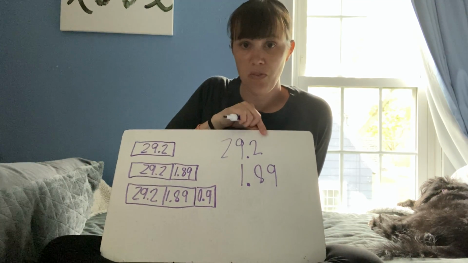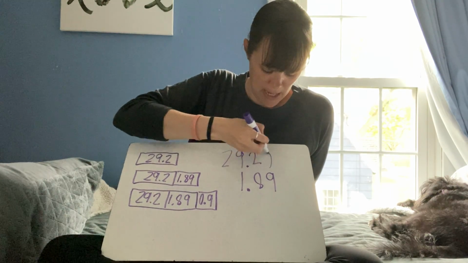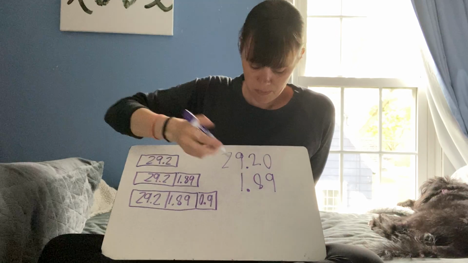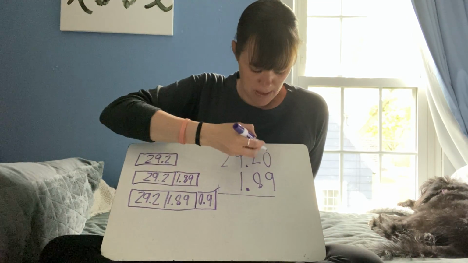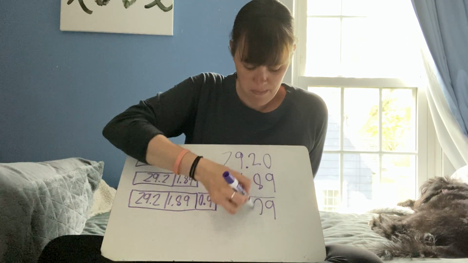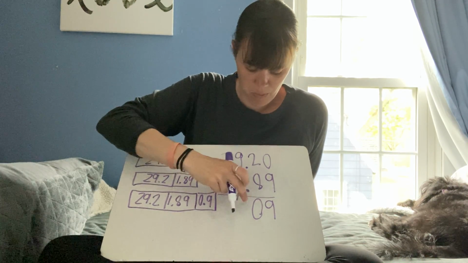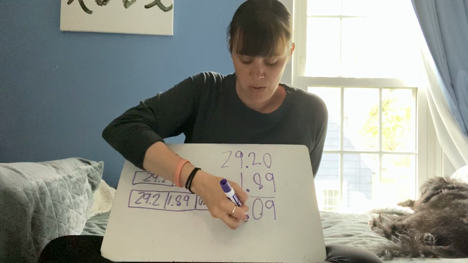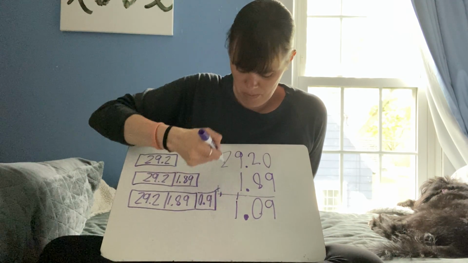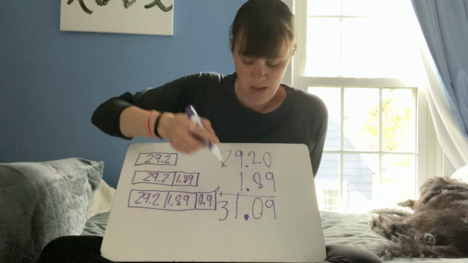So what can we do over here? We can add a 0 because 2/10 is the same as 20/100. So let's add these. 0 and 9, 8, 9, 10, regroup. Whoops, wrong spot. You forget that decimal, you're done. 9, 10, 11, regroup, 2, 3.